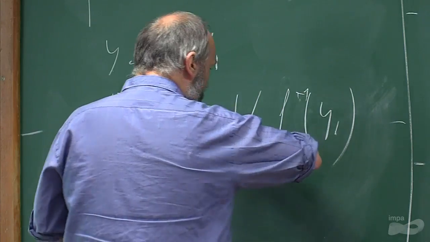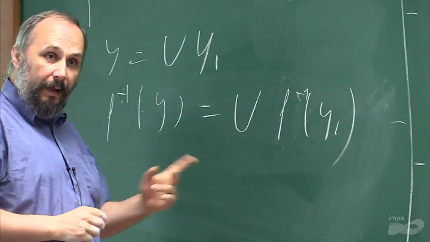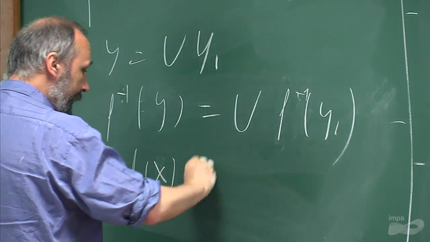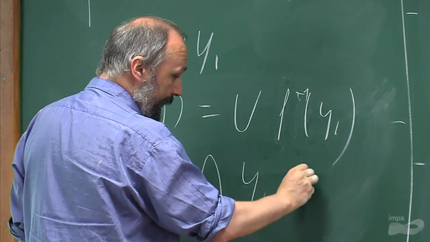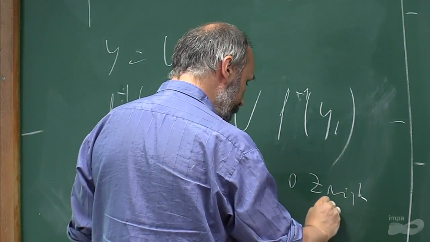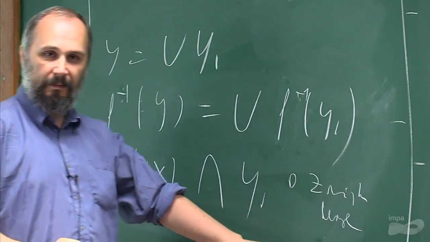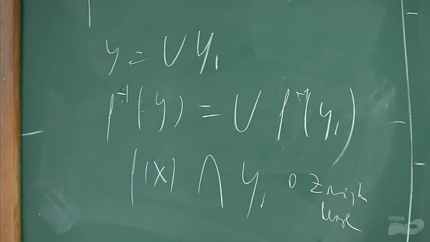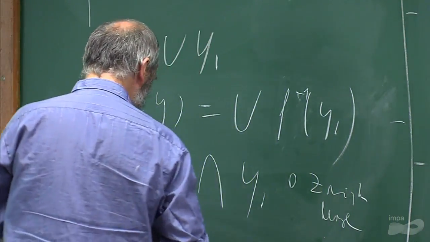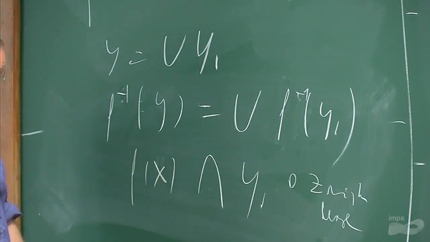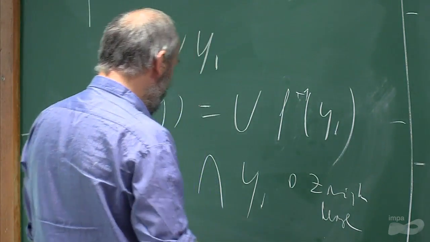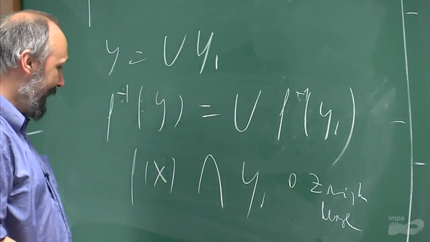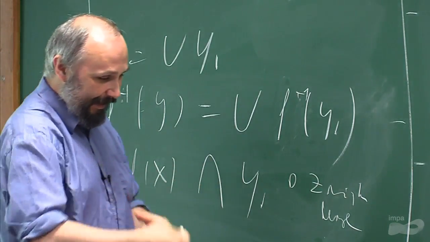So in theory this could fail to be an irreducible decomposition, but it can't happen because f of X intersected with Yi is Zariski dense. This is because this is a dominant map. The image is Zariski dense, so the image in any component is Zariski dense as well. And this implies that the preimage is a non-trivial union.